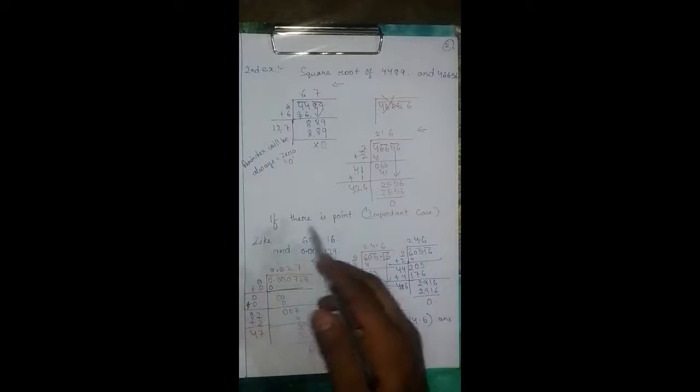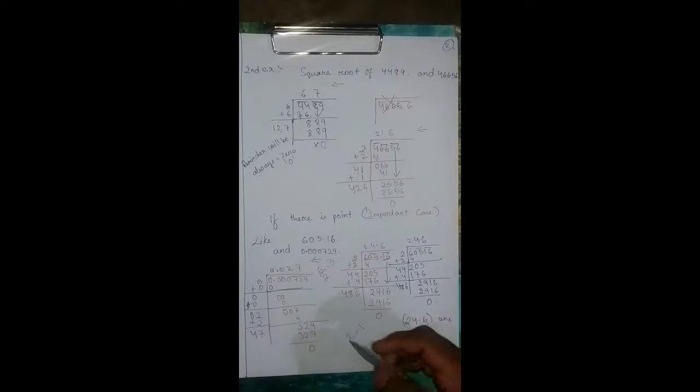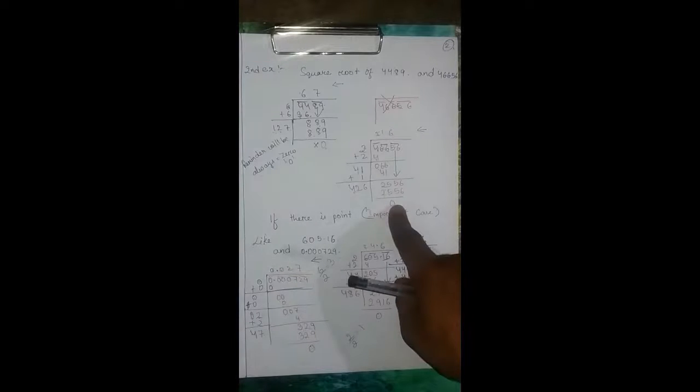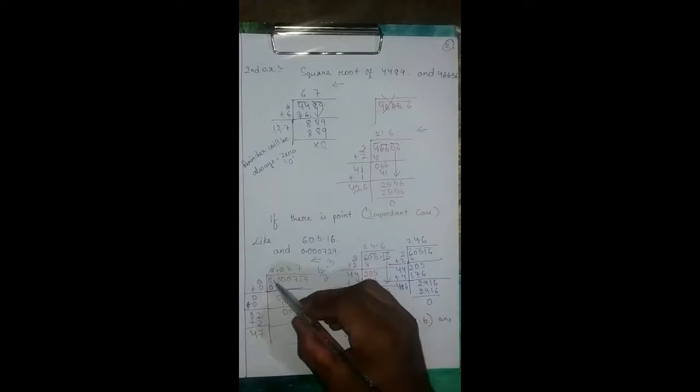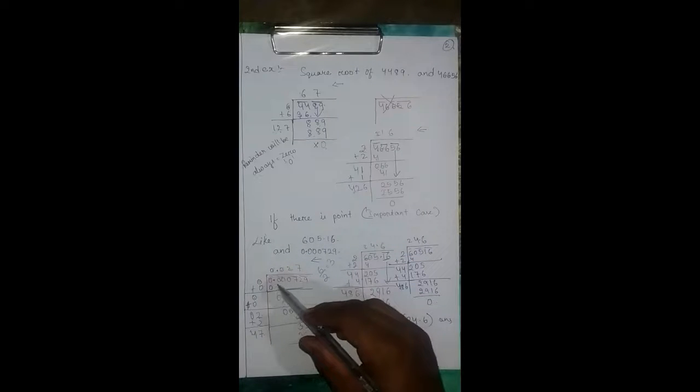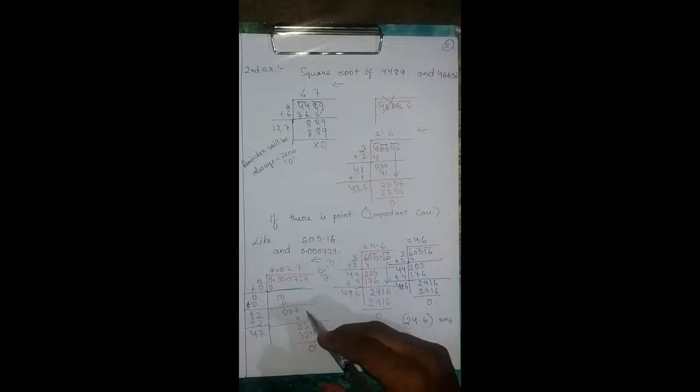Okay, if there is a decimal point, how do we do it? Same way, we will find it, and you should see how many digits are there after the point, and divide that number by 2, then we can find.